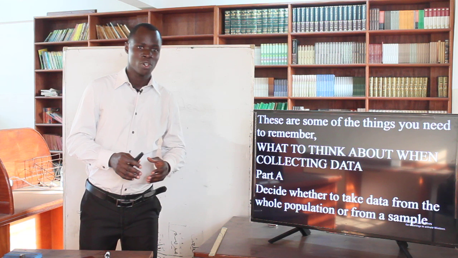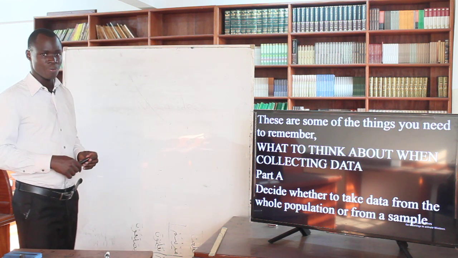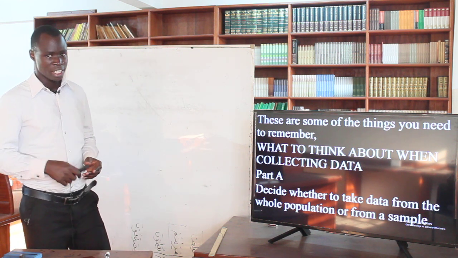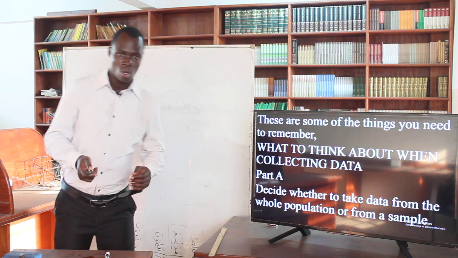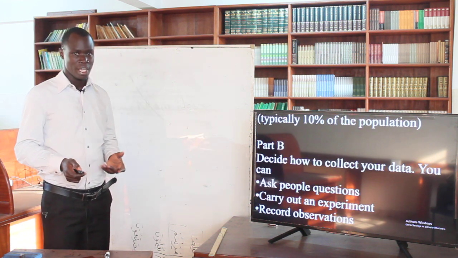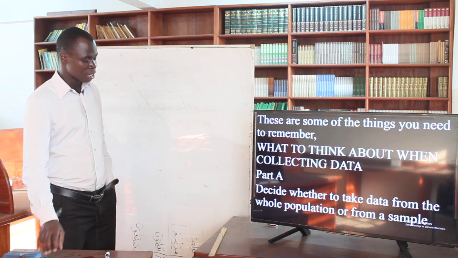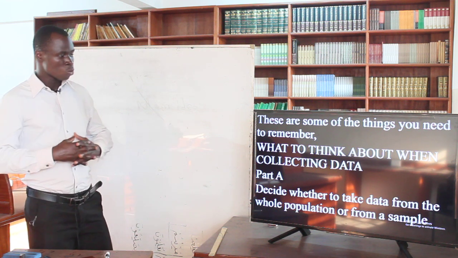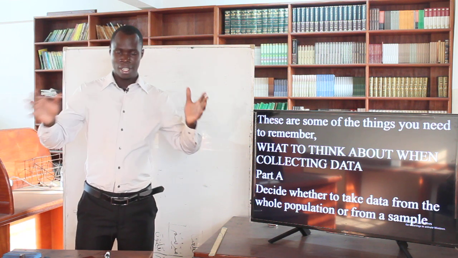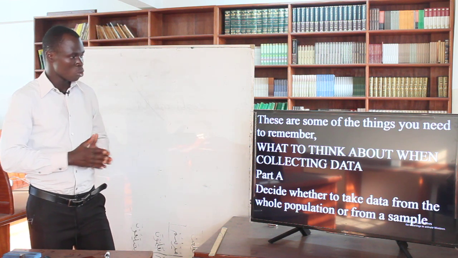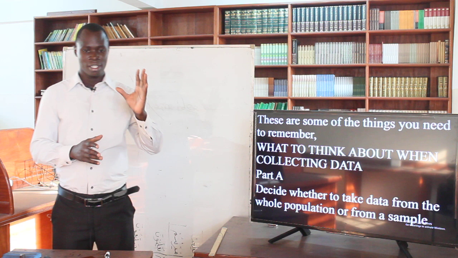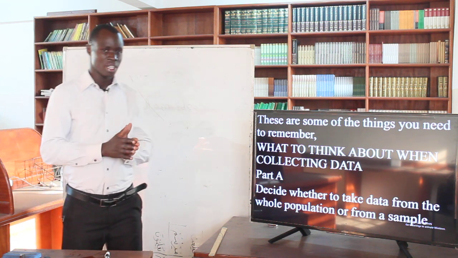What to think about when collecting data. In fact, A, decide whether to get data from the whole population or from a sample. Now, typically 10%. What does this mean? Suppose you are to collect data about a class, whereby you want to know how many girls are in a class and how many boys in a class.